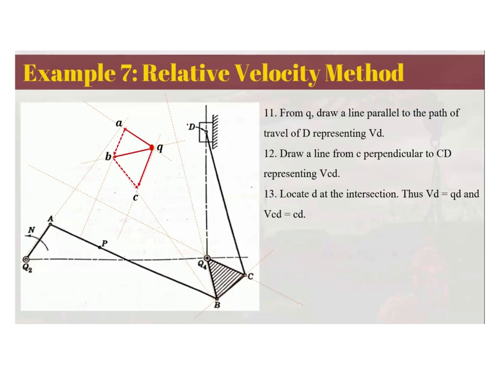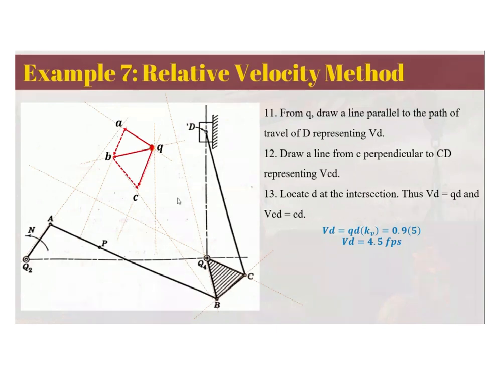So we have this line here that is parallel to the path of D. The path of D is obviously this path here because it is constrained to move in that path. That's why we draw a parallel from Q, because all these velocities here are the actual representation of the velocities of that point as well. So that's why the velocity must be moving in that direction as well.